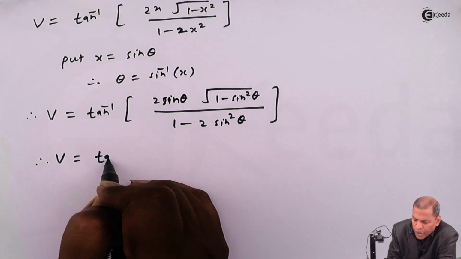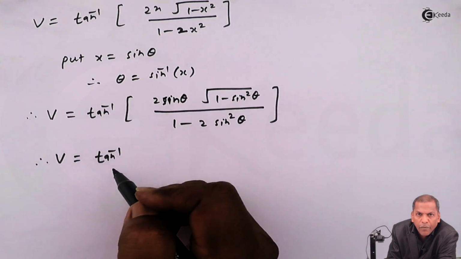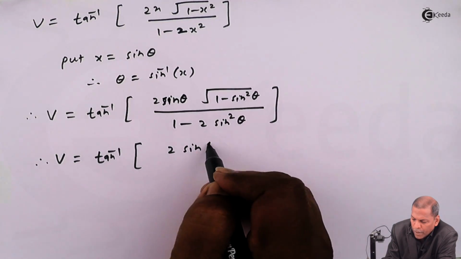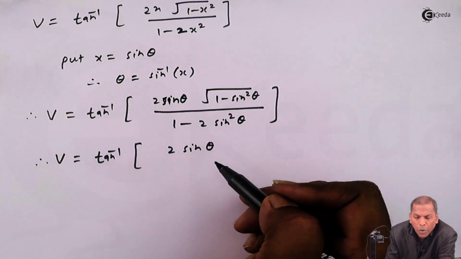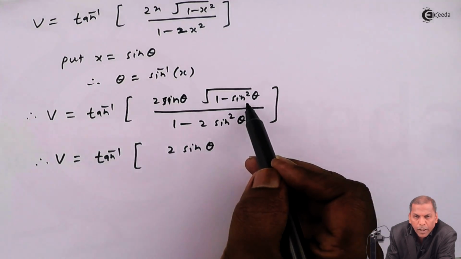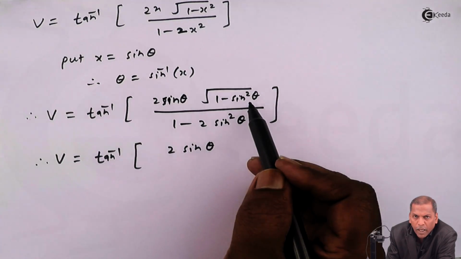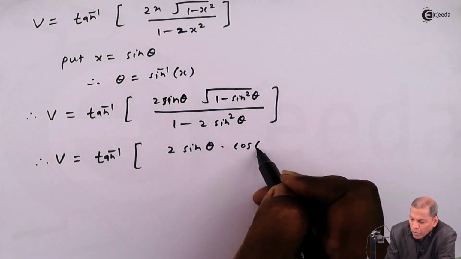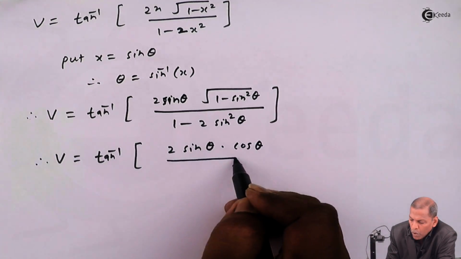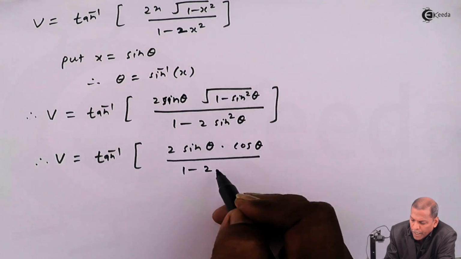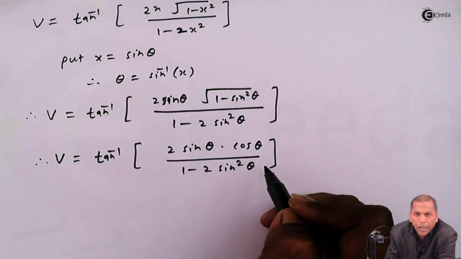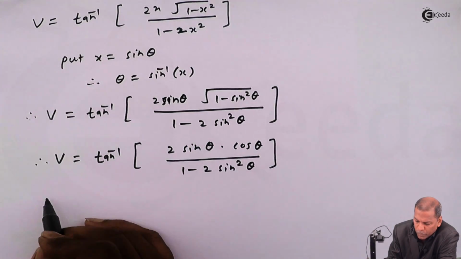Therefore v is equal to tan inverse in bracket 2 sine theta, we write as it is. Now square root of 1 minus sine square theta gives cos square theta, and square root cancel. So finally we get cos theta. Whole thing divided by 1 minus 2 sine square theta, as it is in the denominator.